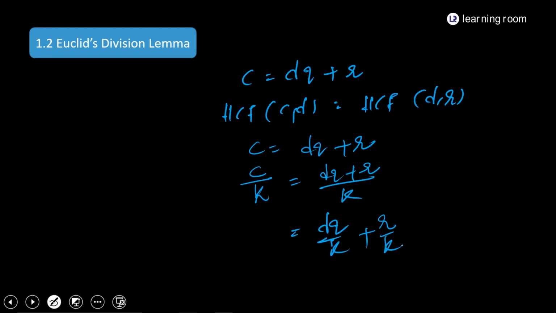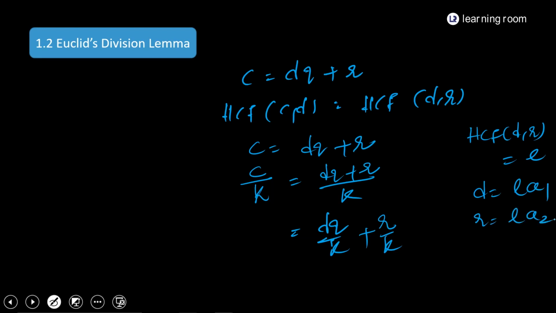Now also, let's say HCF of D comma R is equal to some L. Consider D equals L times A1, and R equals L times A2, is it right?